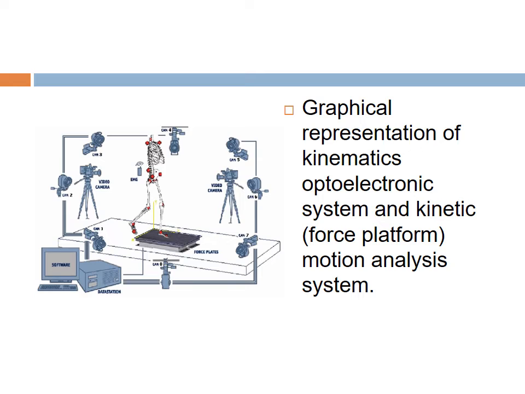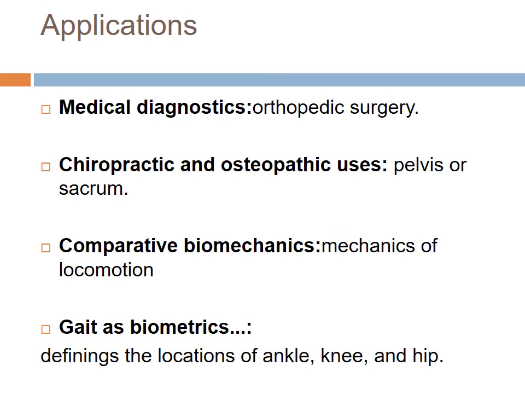This is a graphical representation of kinematics, optoelectronic system, and kinetic motion analysis system. Applications: medical diagnostics such as orthopedic surgery, chiropractic and osteopathic uses such as pelvis or sacrum, comparative biomechanics, mechanism of locomotion, gait as biometrics, defining the locations of ankle, knee, and hip.